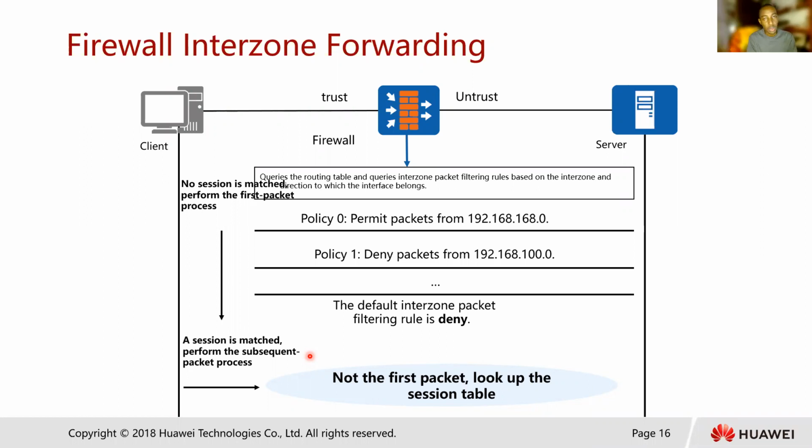Looking at interzone forwarding, remember that a firewall has to check 5 things within the packet. Remember we talked about the quintuple concept. What are the 5 things? The source IP address, the destination IP address, the source port number, the destination port number, and the protocol type.